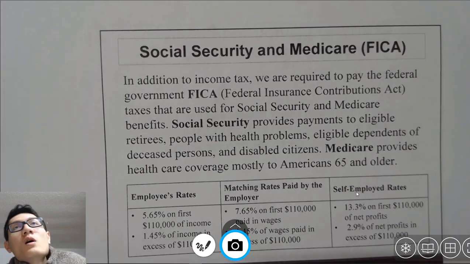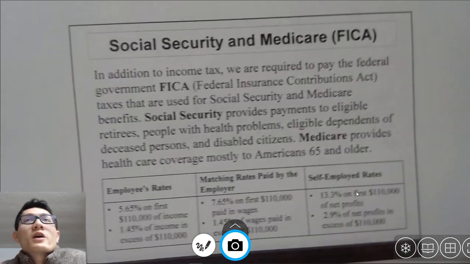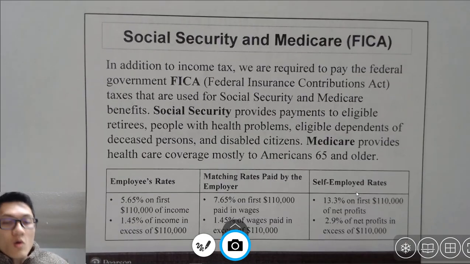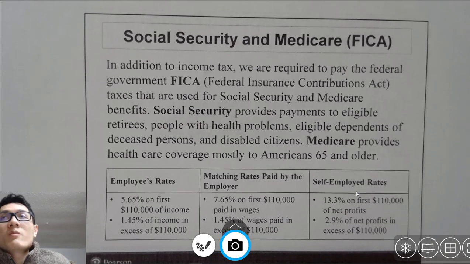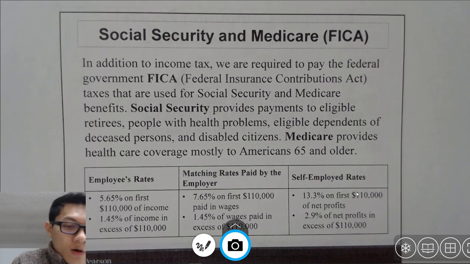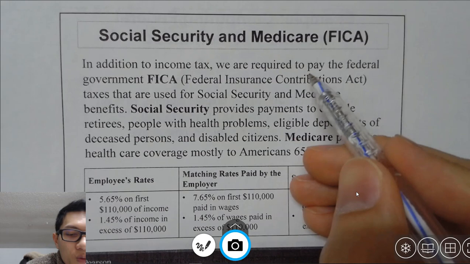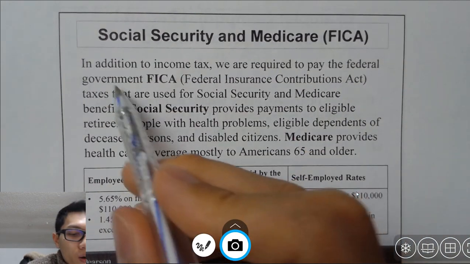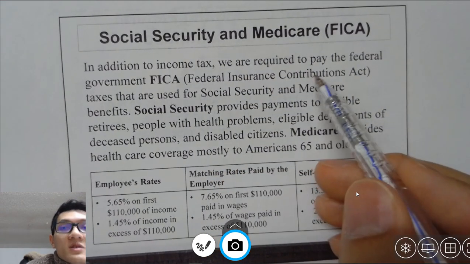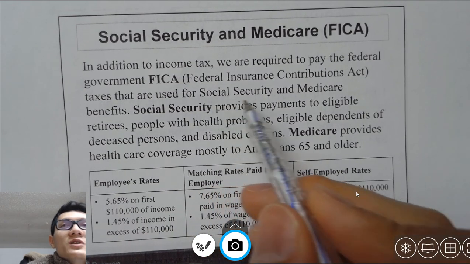For the next objective, we are talking about Social Security and Medicare, which we have a special abbreviation for, FICA. In addition to the income tax, we are required to pay the federal government the FICA, or the Federal Insurance Contributions Act taxes, that are used for Social Security and Medicare benefits.